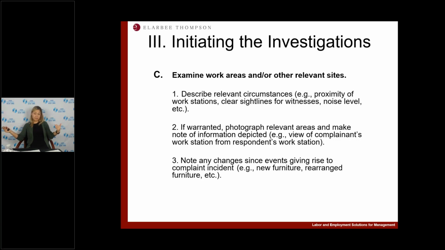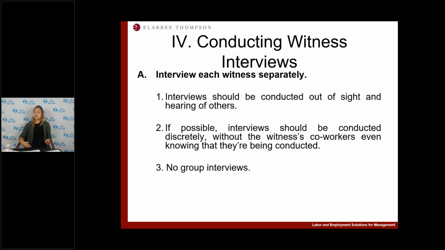How would you have heard them? So by being familiar with the relevant sites and being able to picture things, you are able to ask more informed questions to fully flesh out what the complaint is and what is the most accurate picture of what happened.